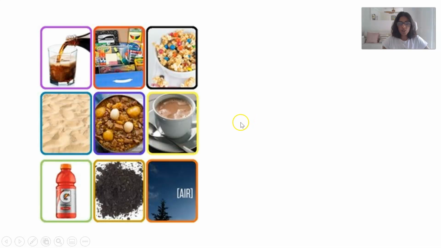So if we look at these common examples here, these are all examples of mixtures. So we have a sport drink, which contains water, sugars and salts, and we can separate them out. We have sand, which is made up of lots of tiny particles. We have fizzy drinks, which are made up of gases, which gives them their fizz, water, food colorings, and lots of sugar.